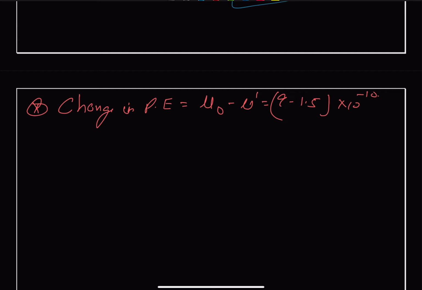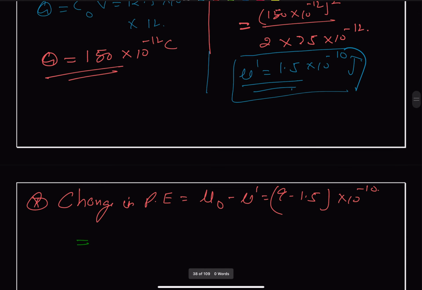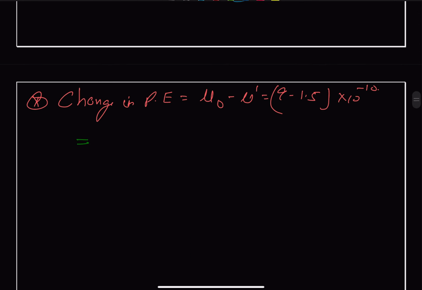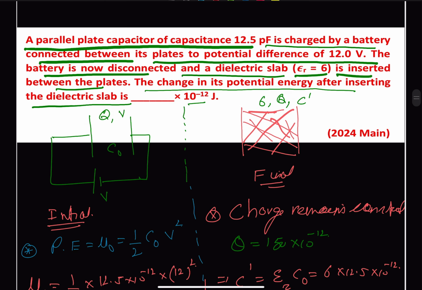Okay, so we can just change it. This will be coming as 7.5 into 10 to the power minus 10, which gives us 750 into 10 to the power minus 12 joules. So we can make a comparison, and we get 750 because 10 to the power 12 is already there. So this comes as 750.